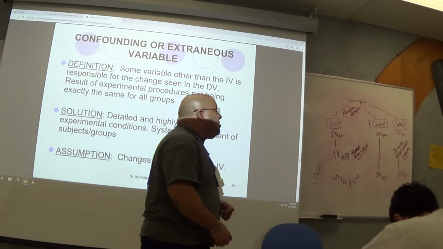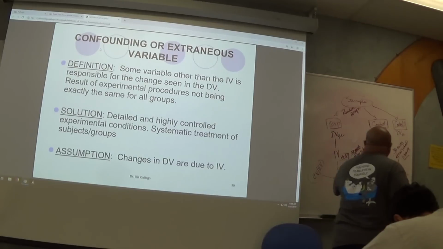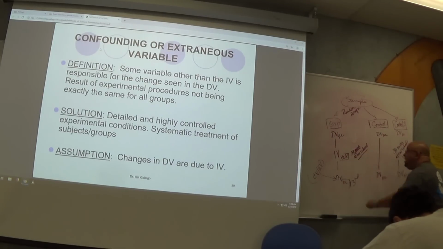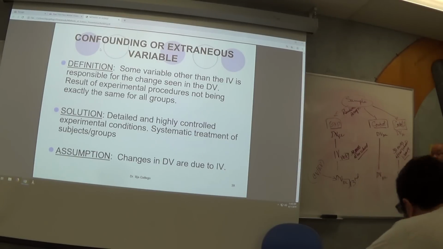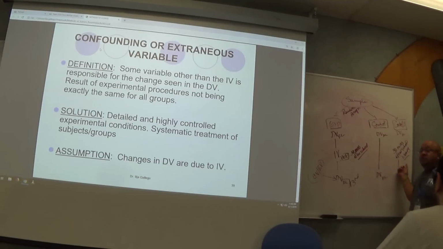So if these kids are going to stay after school for 30 minutes to get Hooked on Phonics, and these kids are not staying after school, I'm not treating them the same. So I add another group that will stay after school for 30 minutes. So I'm treating these groups the same, but this group gets Hooked on Phonics, and this group does not.